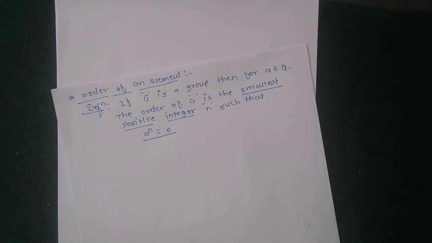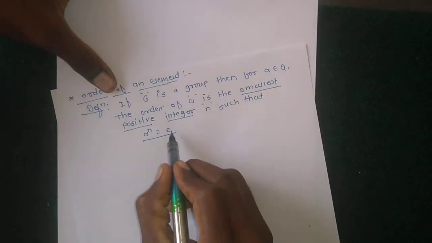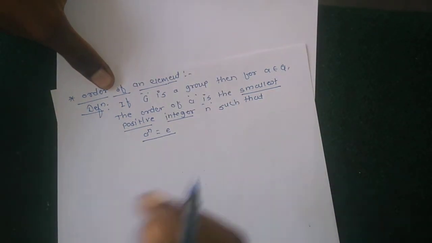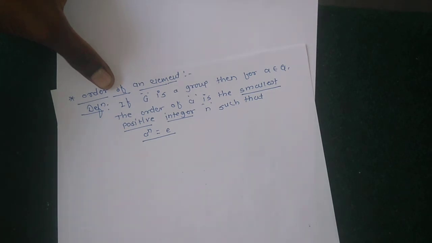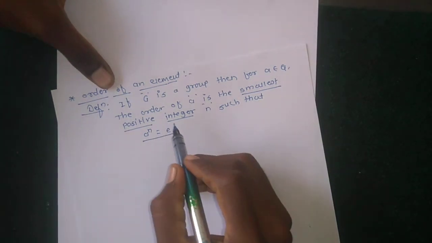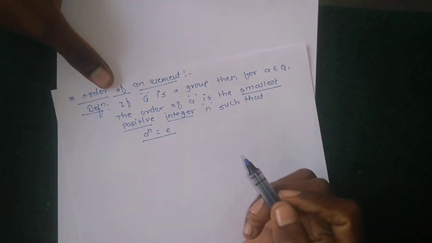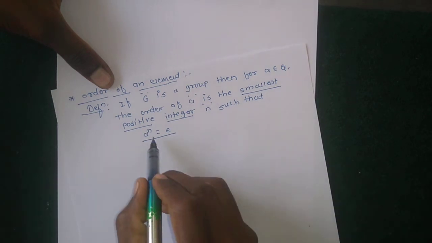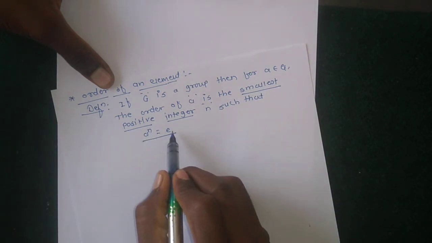Given any element a of group G, there exists a smallest positive integer n such that a raised to n equals the identity. If the group is with the binary operation multiplication, then a raised to n equals the identity.